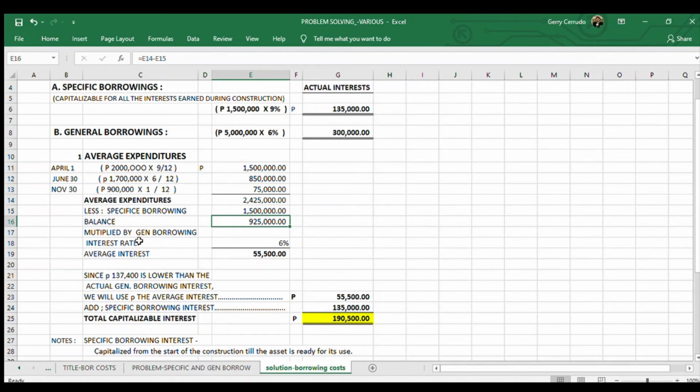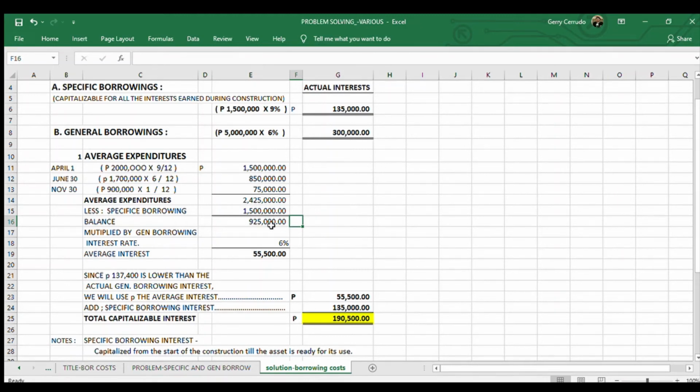Interest to be applied and to get the capitalizable interest. Again, kukunin mo na siya doon sa balance na ng average expenditure minus specific borrowing. So, doon mo lang i-base itong iyong interest rate.